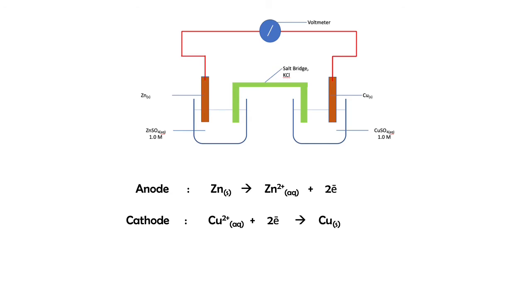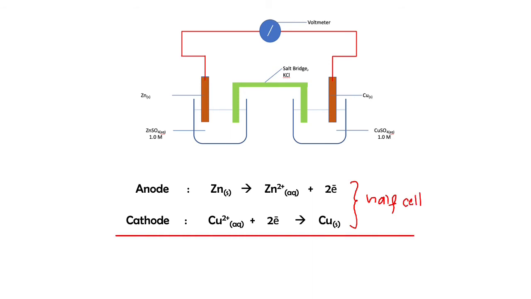Okay, now these two are known as half cells. If we combine both of these half cells, we are going to get the overall cell, which is this. As you can see, there are no electrons because the 2 electrons have been cancelled. So whatever is left will be brought down as the overall cell.